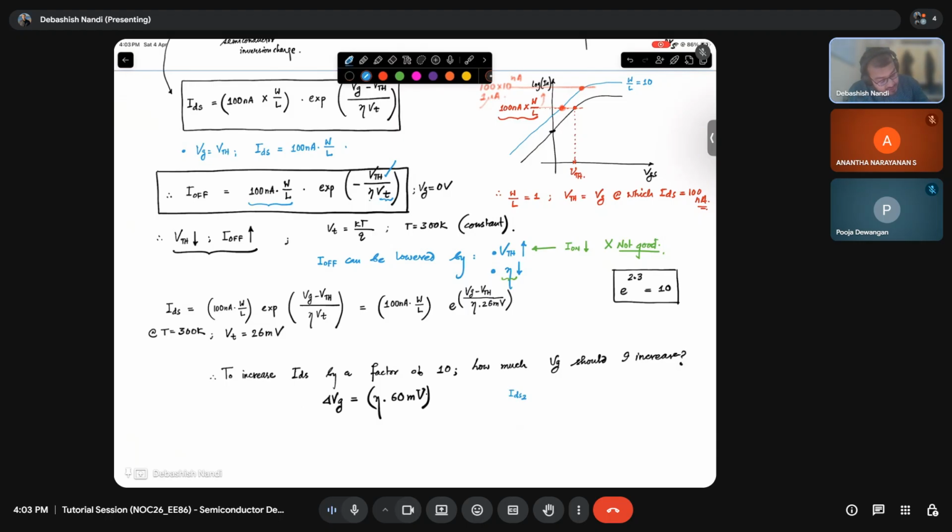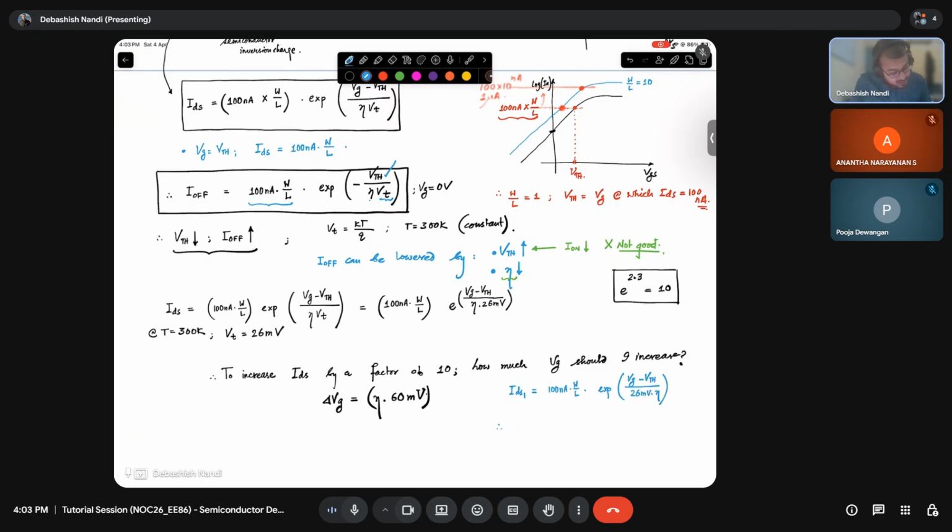Let's say IDS1 is equal to 100 nanoampere times W by L exponential Vg minus Vth divided by 26 millivolt times eta.